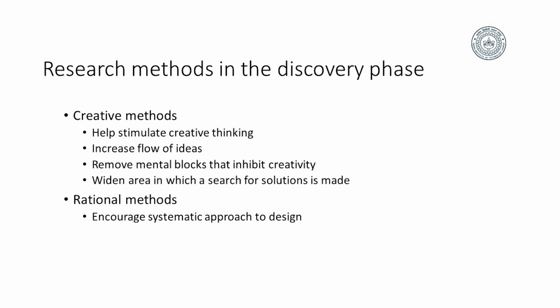These creative methods help stimulate your creative thinking, they increase the flow of ideas, they remove your mental blocks that inhibit your creativity, and they widen the area in which a search for solutions is made. So, you use your creative thinking to do the research, and we will see what these creative methods are. And then there are rational methods, they encourage a systematic approach to design. Your approach to design is very much pragmatic and follows a system, and therefore, you use techniques that are well established. So, we will look at both these types of methods.